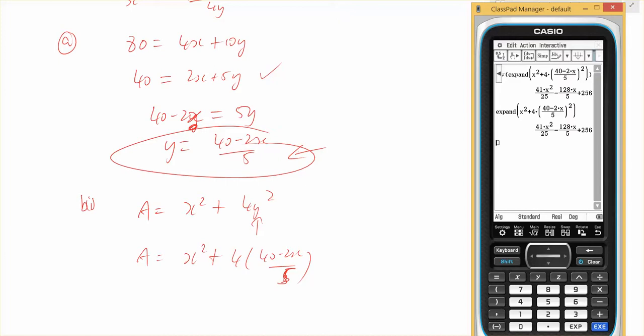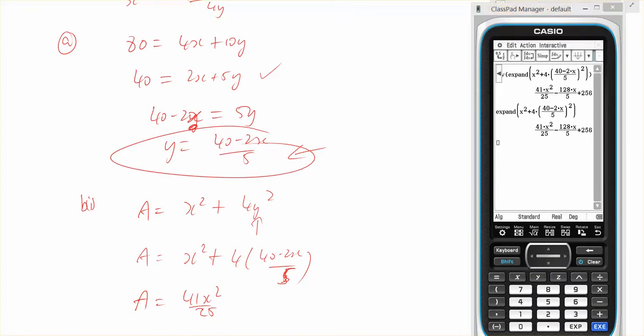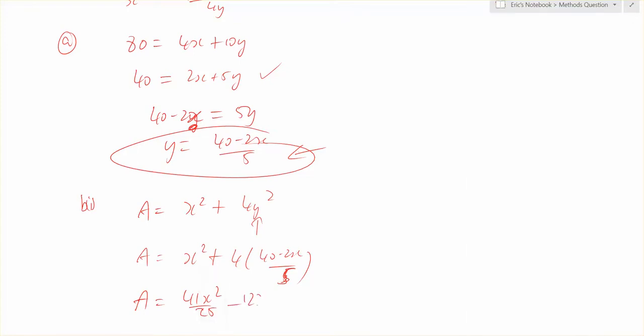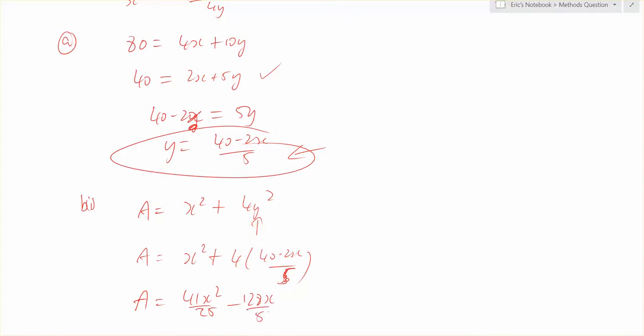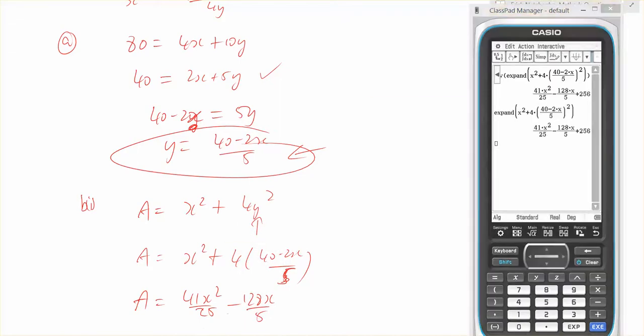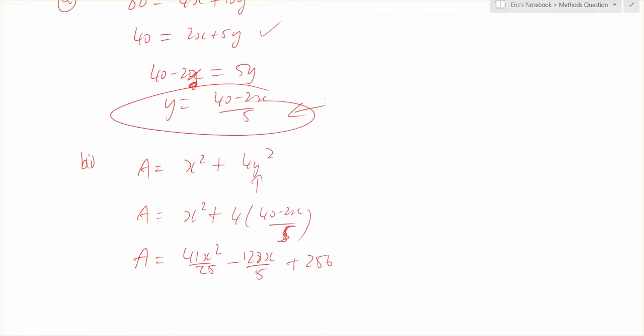So I can write this answer, 41x squared on 25 minus 128x on 5 plus 256 as my final answer to the area in terms of x.